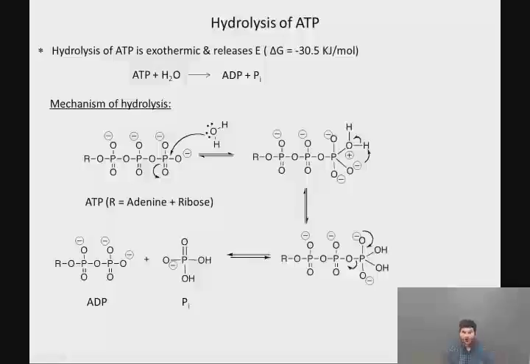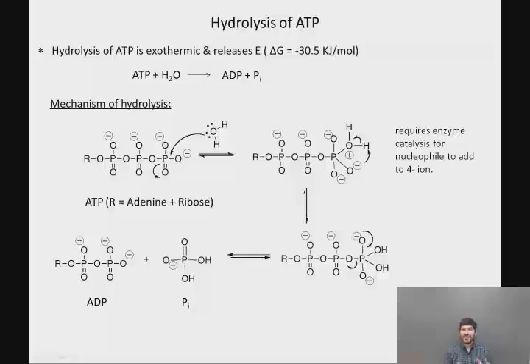So what I've got going on in the first step here is I have water coming in and attacking this first phosphorus to give you what I've told you over and over again you can't have: an oxygen with a positive charge and an oxygen with a negative charge in the same molecule. Well, now I'm going to plead the fifth, so to speak, and say this step requires enzymatic catalysis.